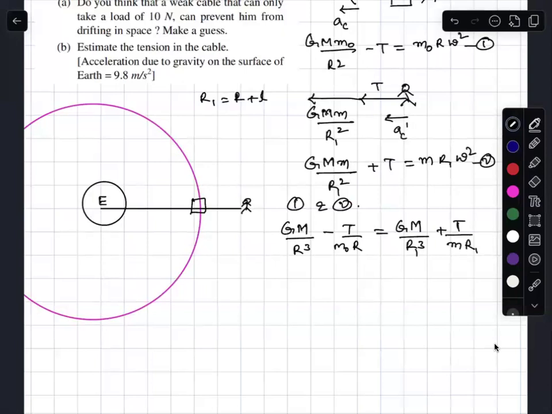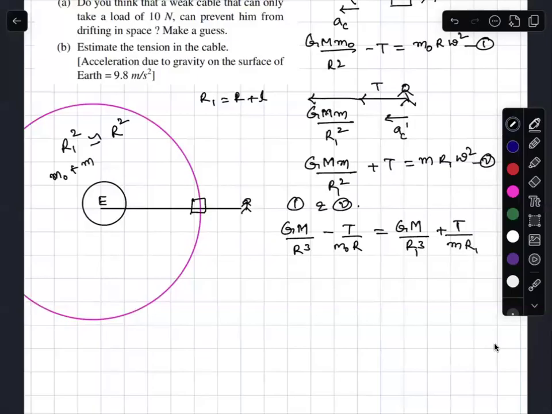Now I will start cheating you, because R1 square is almost the same as R square. Similarly, compared to the mass of a lorry, a person's mass is almost negligible.